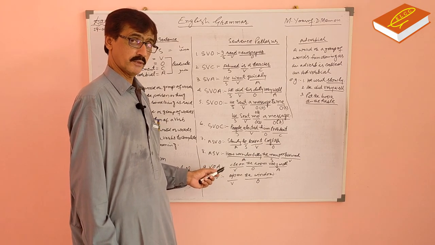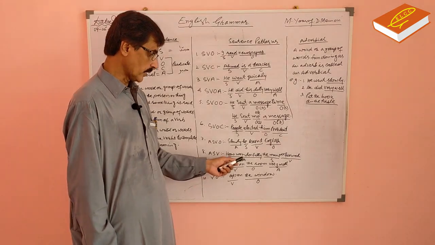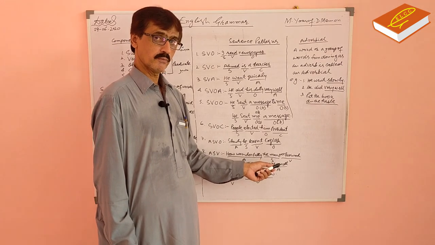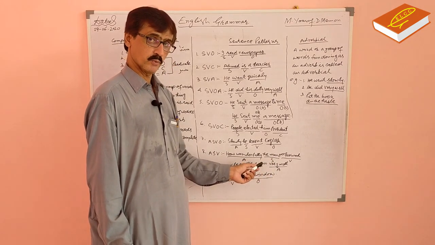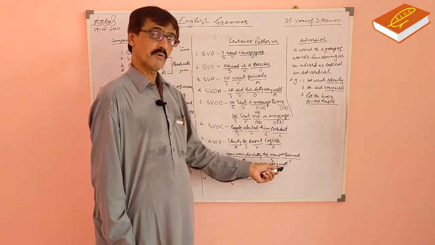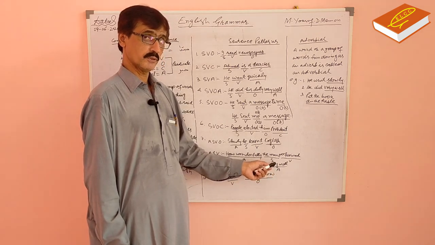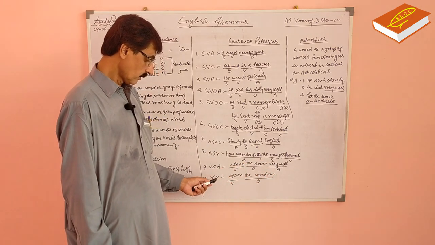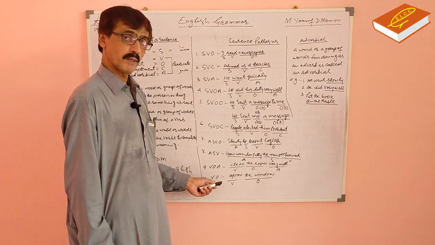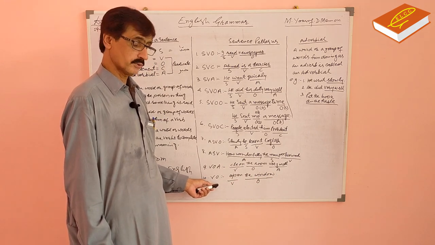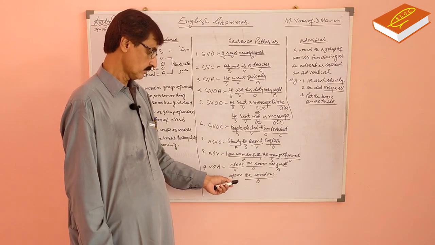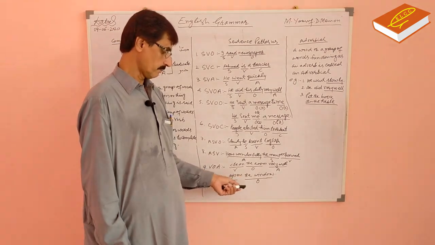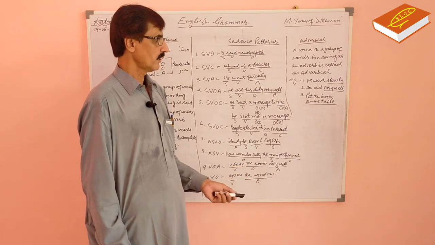This is an imperative sentence. Clean the room very well. Clean is verb, the room is object, and very well is adverbial. This is an imperative sentence. Number 10 pattern. VO, verb and object. It is also an imperative sentence. Open the window, verb and object.